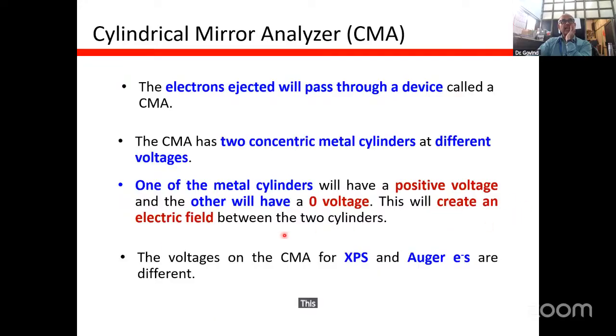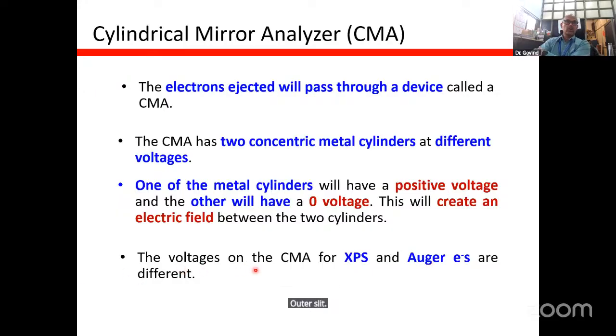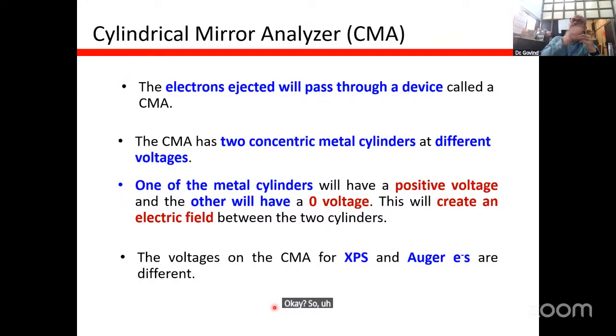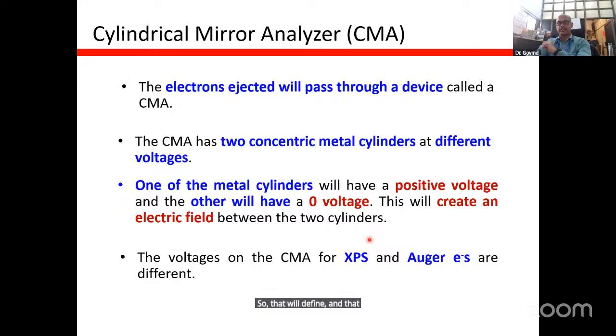This will create an electric field between those two cylinders, and that electric field will pass exactly the right velocity of electrons, which will come out from the outer slit. The voltage on a CMA for XPS and other electron spectroscopies is different. Sometimes XPS is also attached to another electron spectroscopy, so the settings for the CMA are different for XPS and the other electron spectroscopy. That will define and give different results.